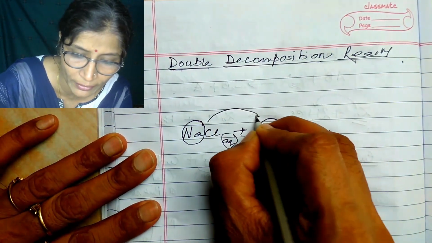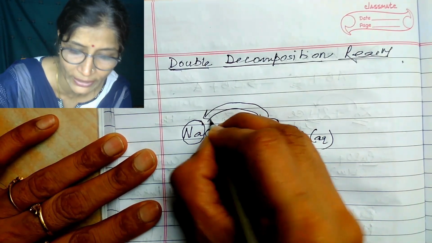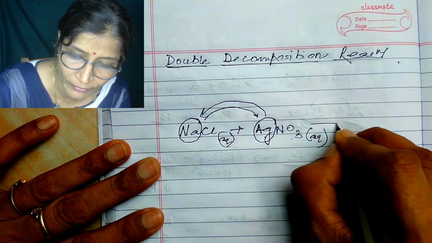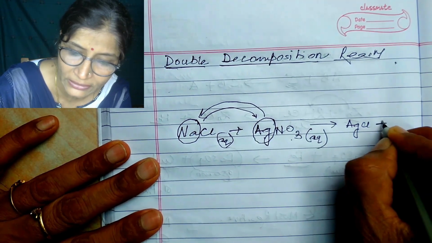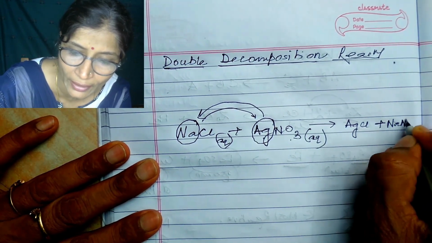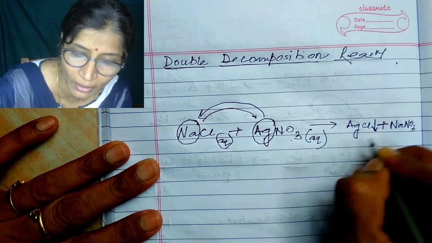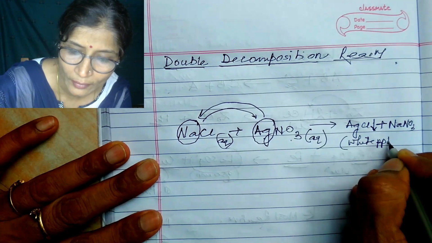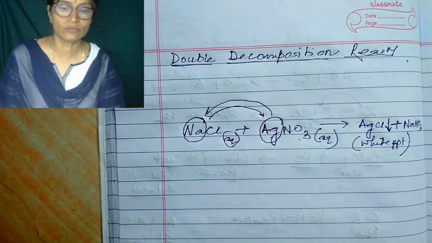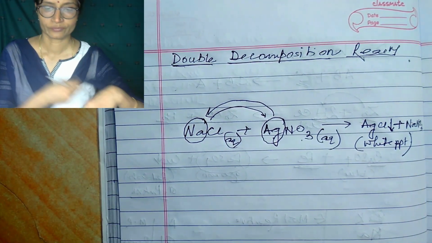So this will come here and this will come here. Then it will give silver chloride plus sodium nitrate, NaNO3, a white precipitate of silver chloride. So that is a double decomposition reaction.